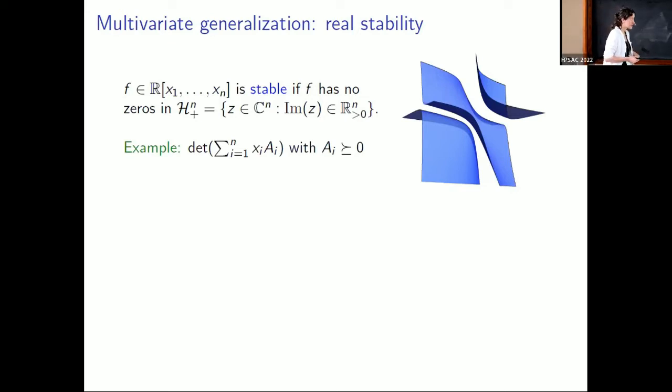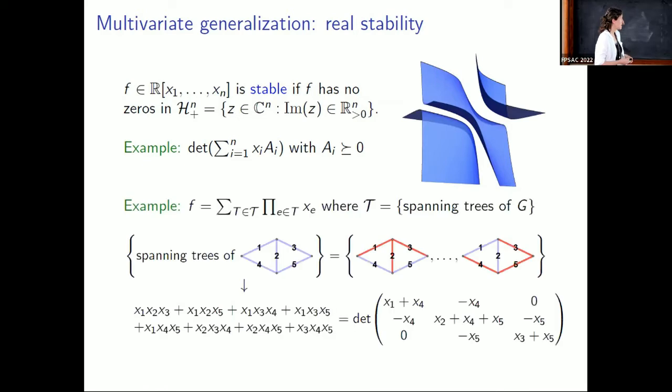There are lots of nice ways to get these. You can take the determinant of a linear matrix where the coefficient of every variable is a positive semi-definite matrix. And since it's a combinatorics audience, maybe one of the nicest examples, which you can actually derive from this using the matrix tree theorem, is just the sum over all spanning trees of a graph times the monomial which is the product of the edges indexed by that spanning tree.